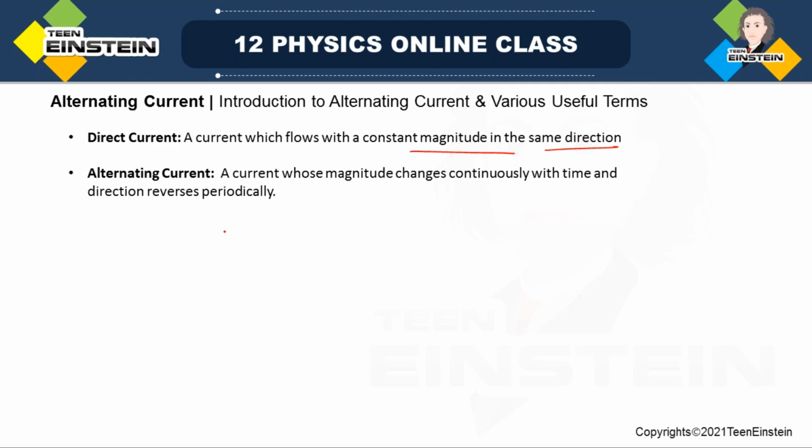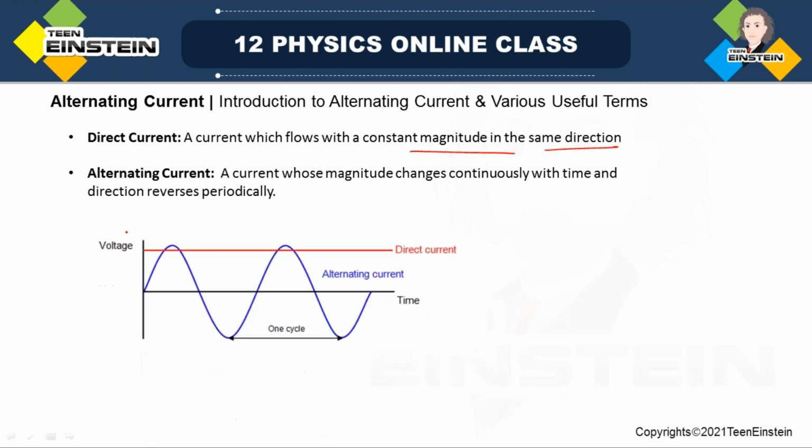And what is an alternating signal? An alternating signal is a signal whose magnitude changes with time. Not only magnitude, even the direction reverses periodically.